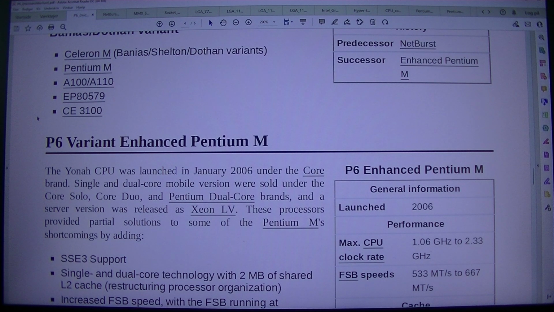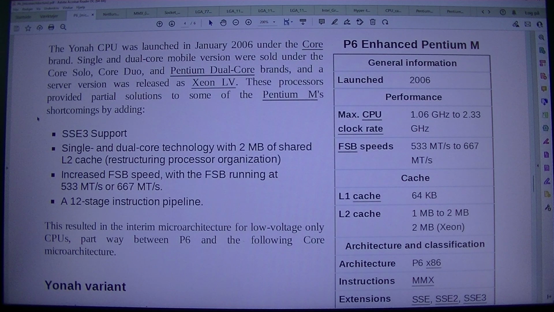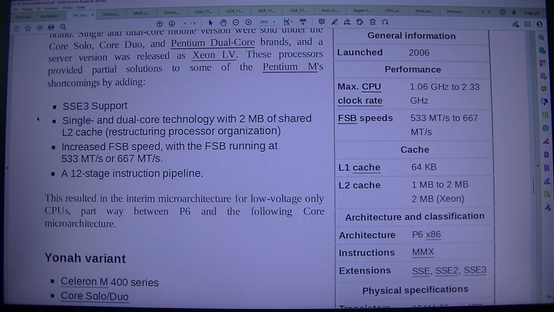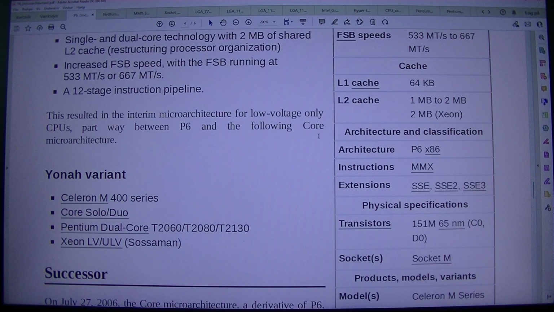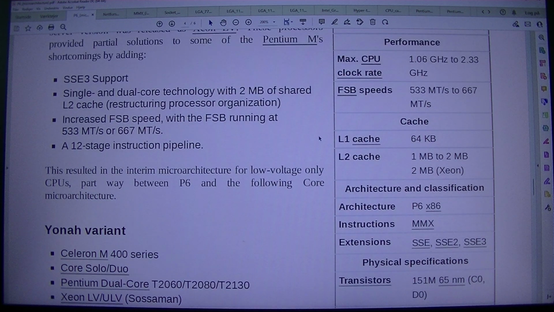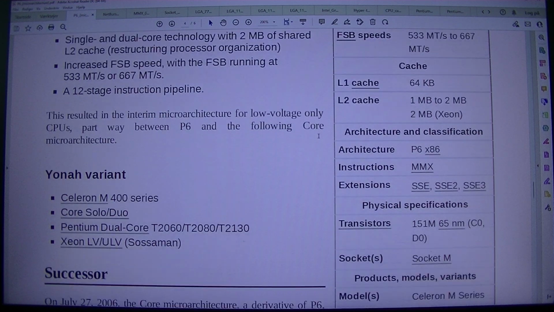Performance: max CPU clock rate 1.06 GHz to 2.33 GHz. FSB speeds 533 MT/s to 667 MT/s. L1 cache 64 KB, L2 cache 1 MB to 2 MB. Architecture and classification: P6, x86 instructions. ISA extensions: SSE2, SSE3.